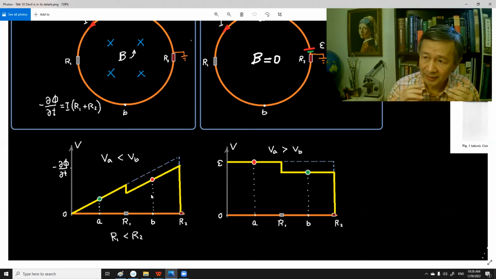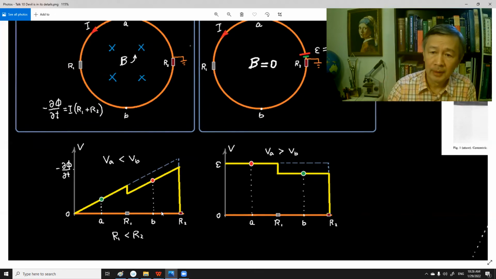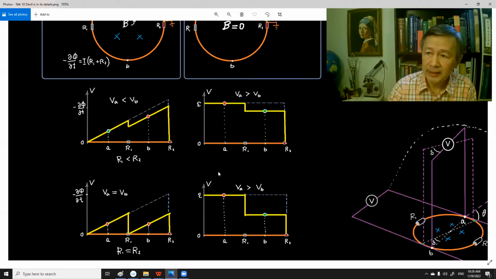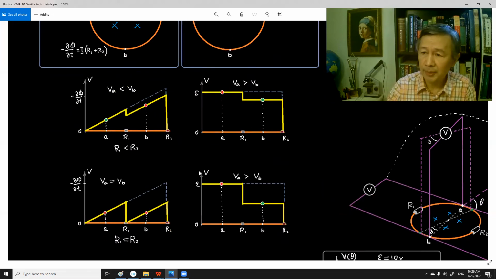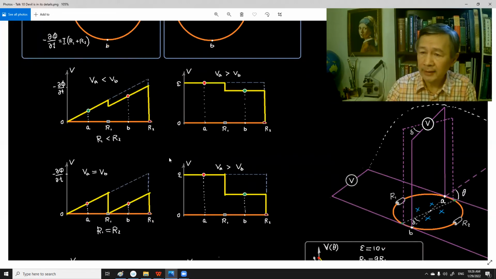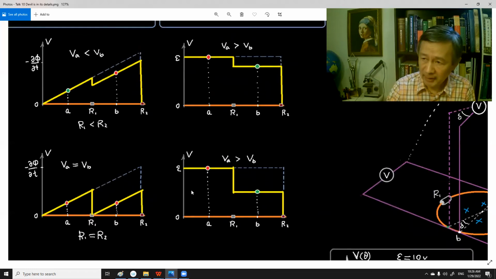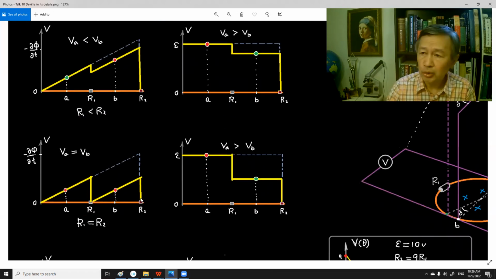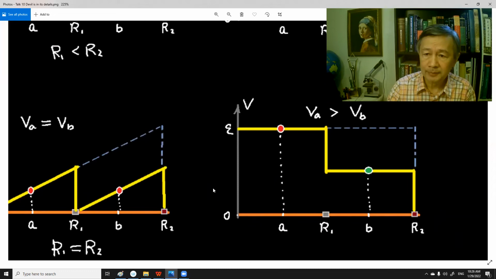That is a fundamental difference between the two circuits. Furthermore, we can discuss different scenarios. For example, if the two resistors in the loop are identical, then we would obtain these two diagrams.